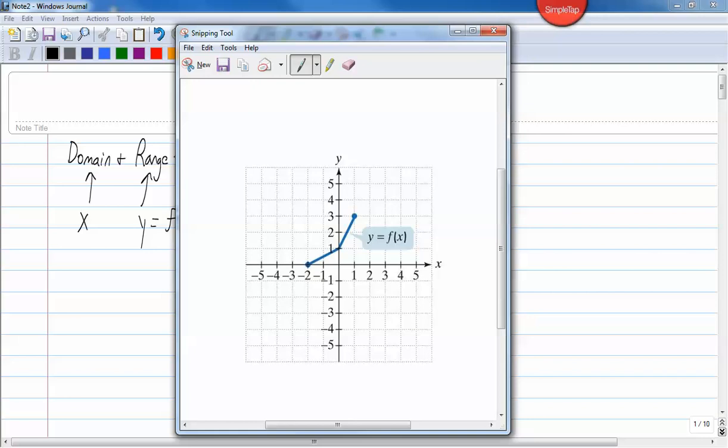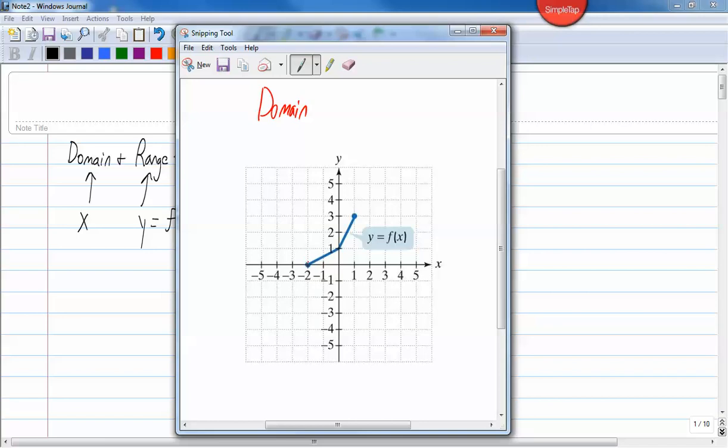So the domain, remember, is all of the x values. So what you want to do is look at the graph, and look at what x values you could touch the graph at.